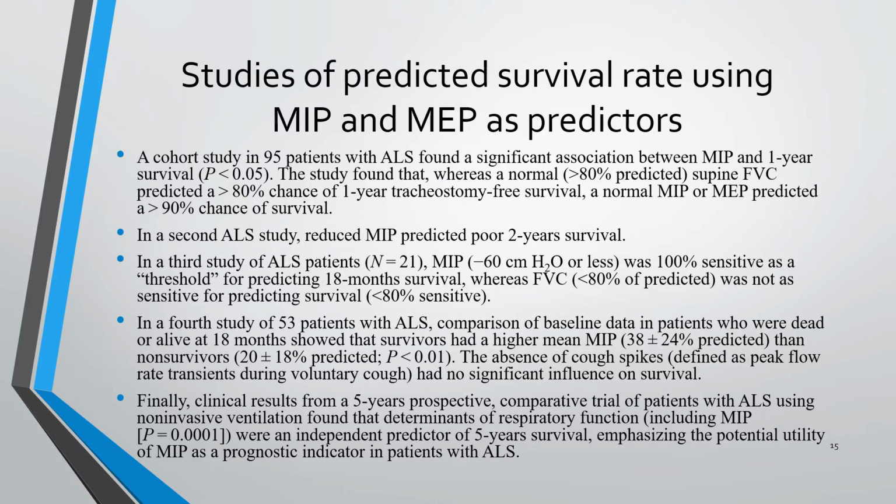This was 100% sensitive as a threshold for predicting 18 months survivability, where the forced vital capacity was not as sensitive, showing a predicted survivability rate of 80%. So you have 100% sensitivity versus 80%. That means the MIP is a much more sensitive test to determine survivability. You can read the other two studies for yourself, but the point here is, don't underestimate the MIP and MEP test in regard to patients versus forced vital capacity. Don't just limit yourself to a forced vital capacity.